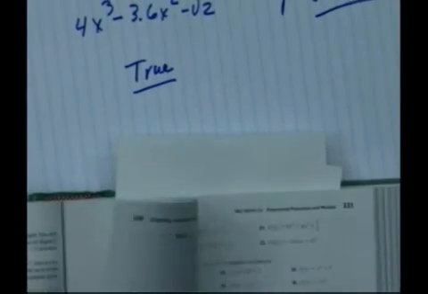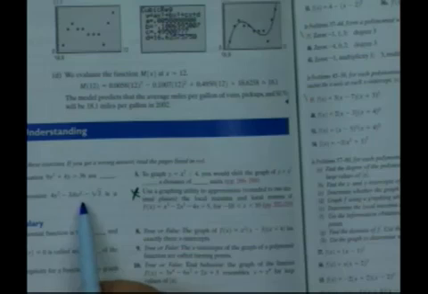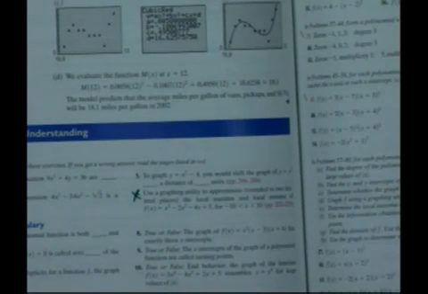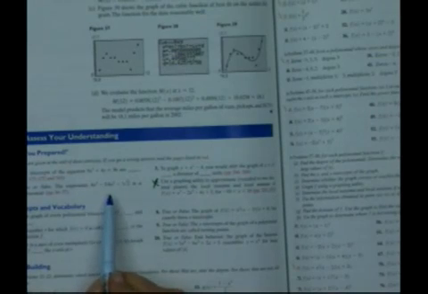Okay, so to answer our question back on page 3.2. This is a polynomial expression, 4x cubed minus 3.6x squared minus square root of 2. It is, so that's true. What is the degree of my polynomial expression? 3.